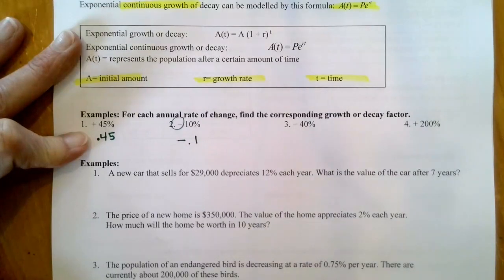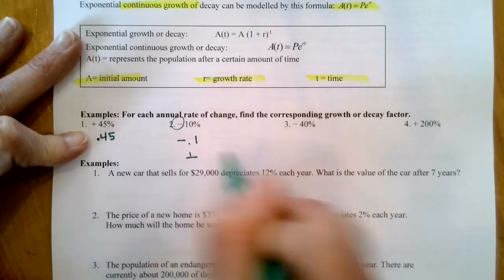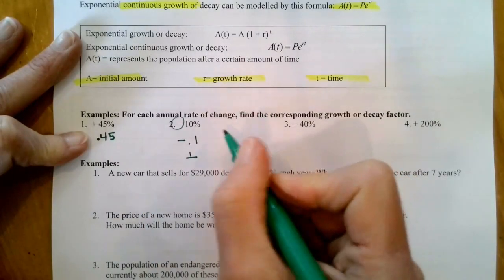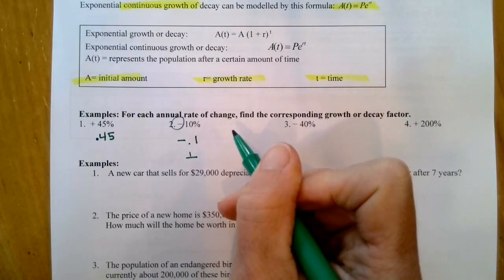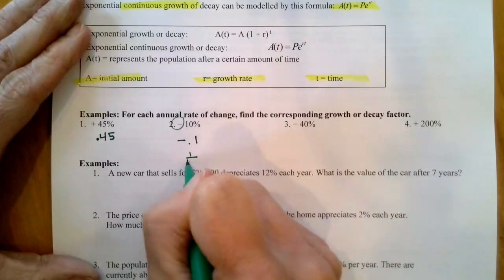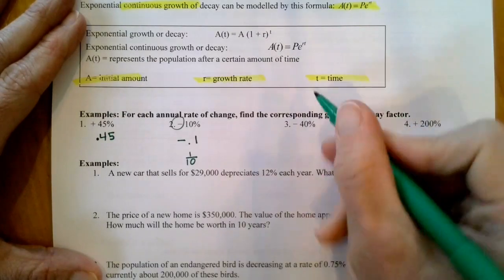And when we have that negative exponent, that's going to make that negative exponent into a fraction, so we know that it'll move to the denominator. So if it's decreasing by 10%, that'll be a 1/10. And having that negative exponent will give you that value.